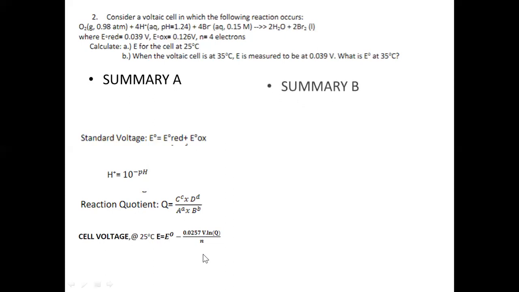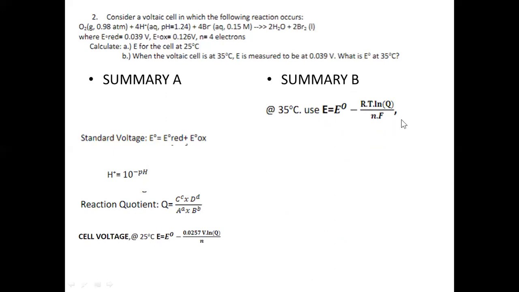Now, the summary for solving letter B, we're going to use this formula. E is equal to E naught minus RT times the natural logarithm of Q, the one we solved from letter A, all over N times F. Now, if we're going to solve for the standard voltage, transpose the following fractional quantities.